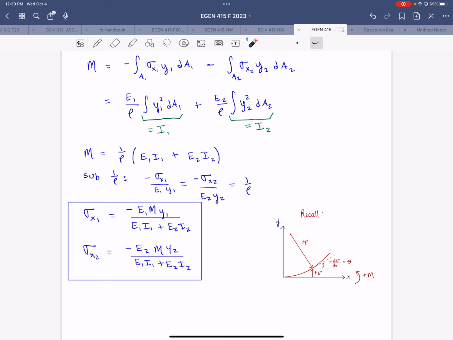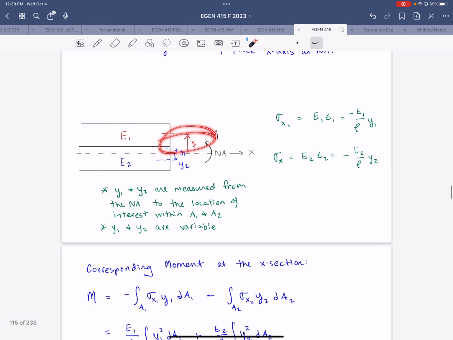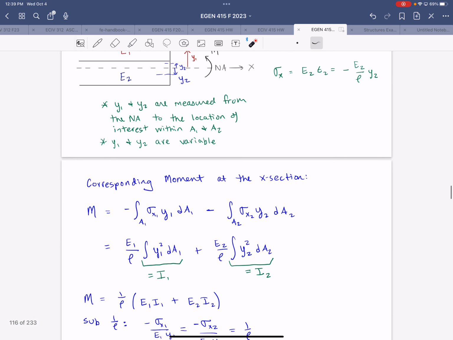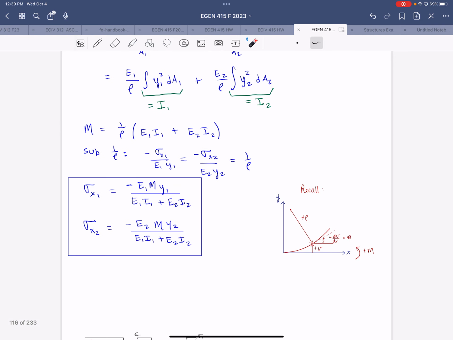Initially we had to put them at the bottom to figure out where the neutral axis is located. But now that we know where they are, we measure from the neutral axis. So then Y2 goes in as a negative value? It depends on where within. If it's below the neutral axis, then yeah, it would be a negative value. Okay, makes sense.